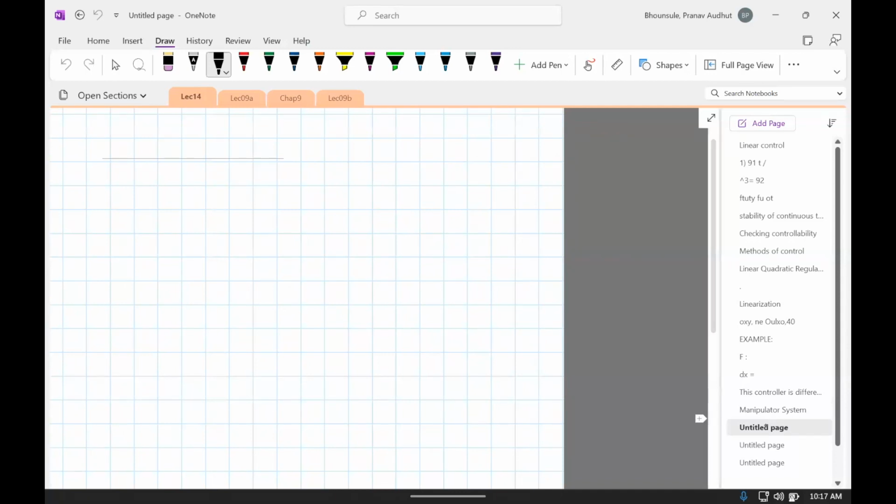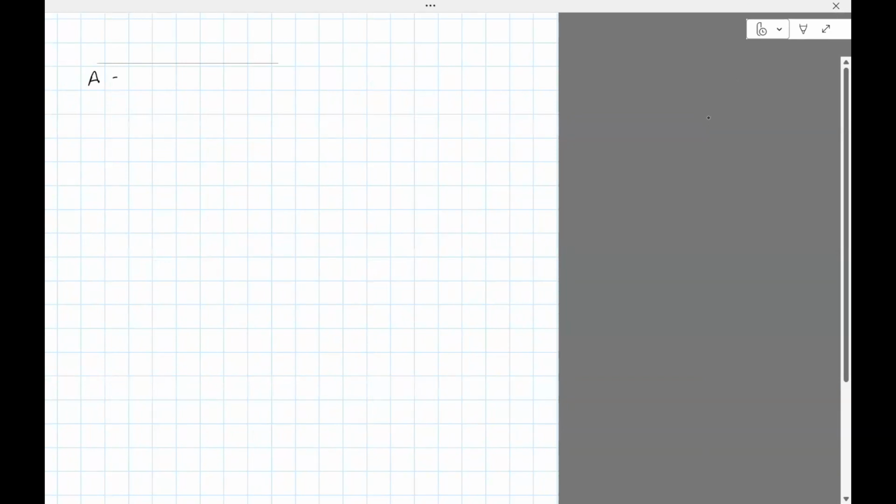So A equals df dx, and we know that f is f1, f2, which is q dot, and m inverse q minus c q dot times q dot minus gq minus pq.